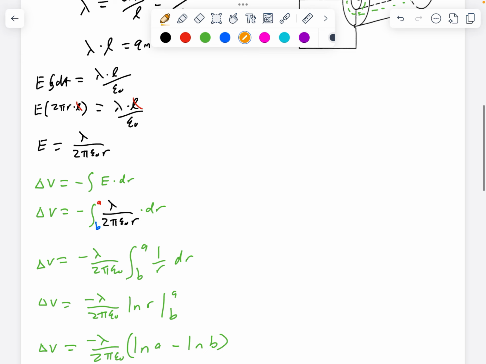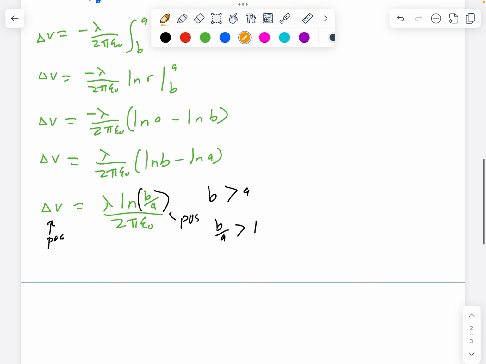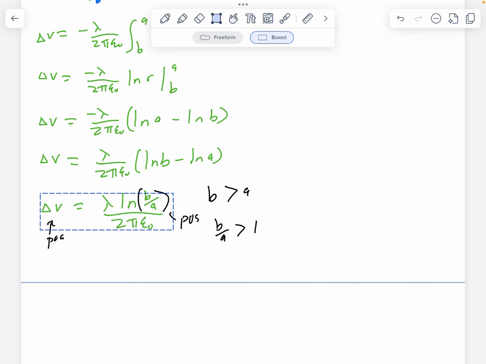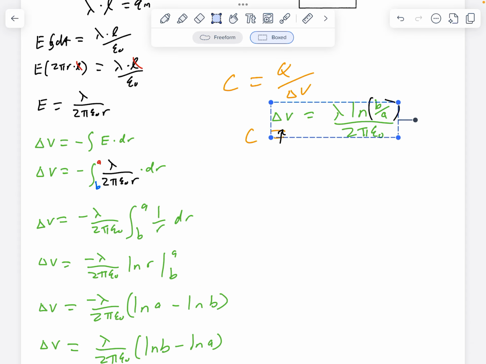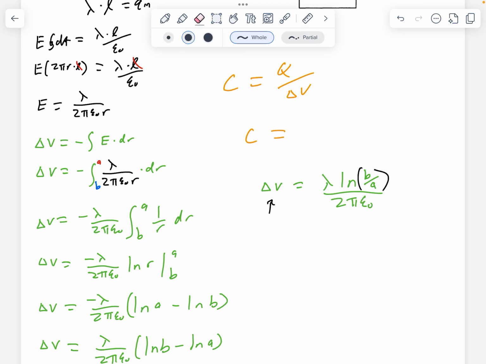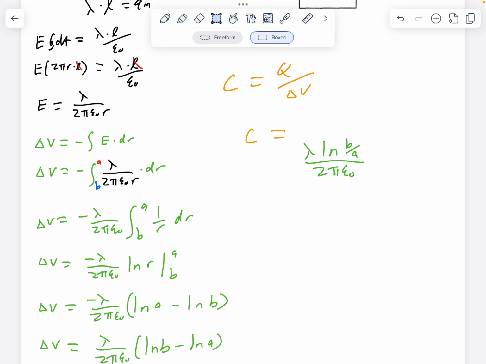All right, so then capacitance is just our charge over our delta V. Okay, and here's where, let me bring this over. I wish I hadn't written all those little extra notes. So I've got to erase some stuff. Okay, so then we've got Q over this.